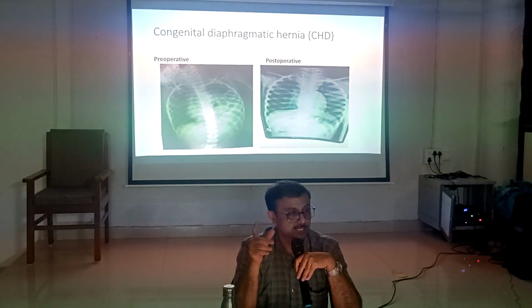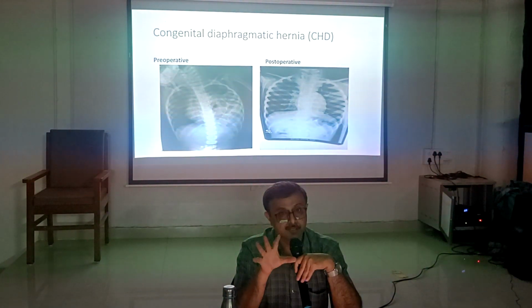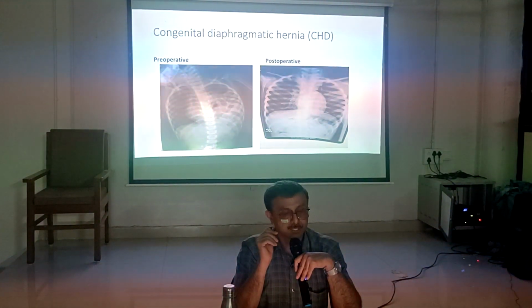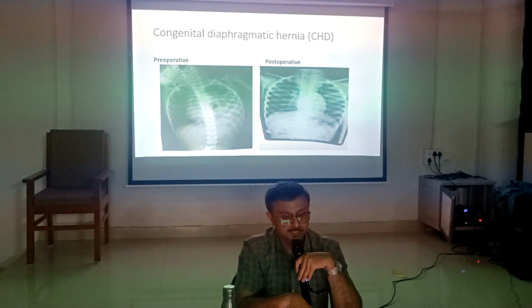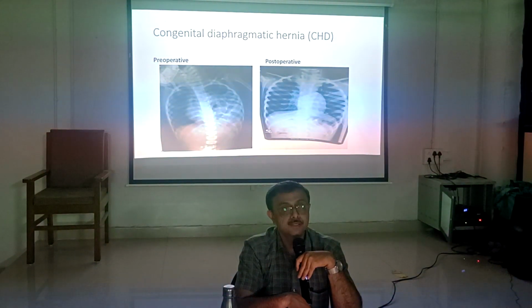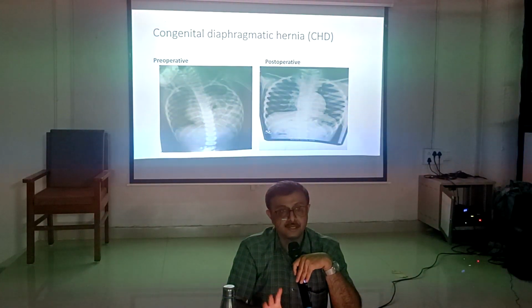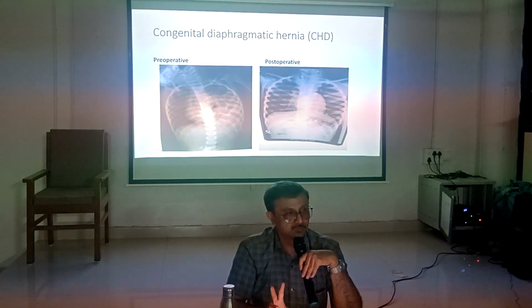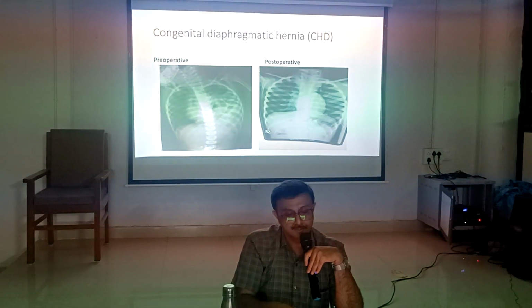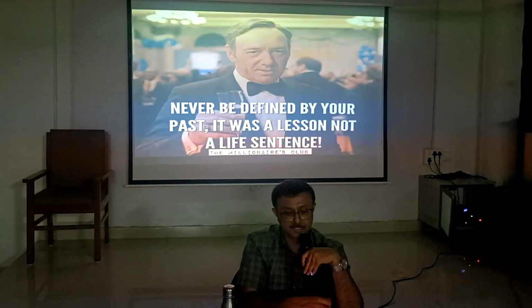Pulmonary hypoplasia occurs in congenital diaphragmatic hernia. Here in the chest X-ray, bowel loops are seen in the thorax. After surgery, the lung is expanded and normal. So this is preoperative and postoperative.